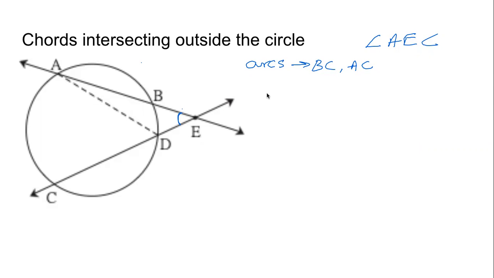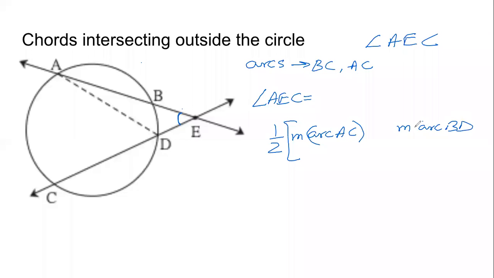In this case, when the chords are intersecting each other outside the circle, this angle AEC, which is the angle between these two chords, will be equal to, once again, half of the measure of arc, first I am writing the bigger one, AC, and measure of arc, the smaller one, BD.